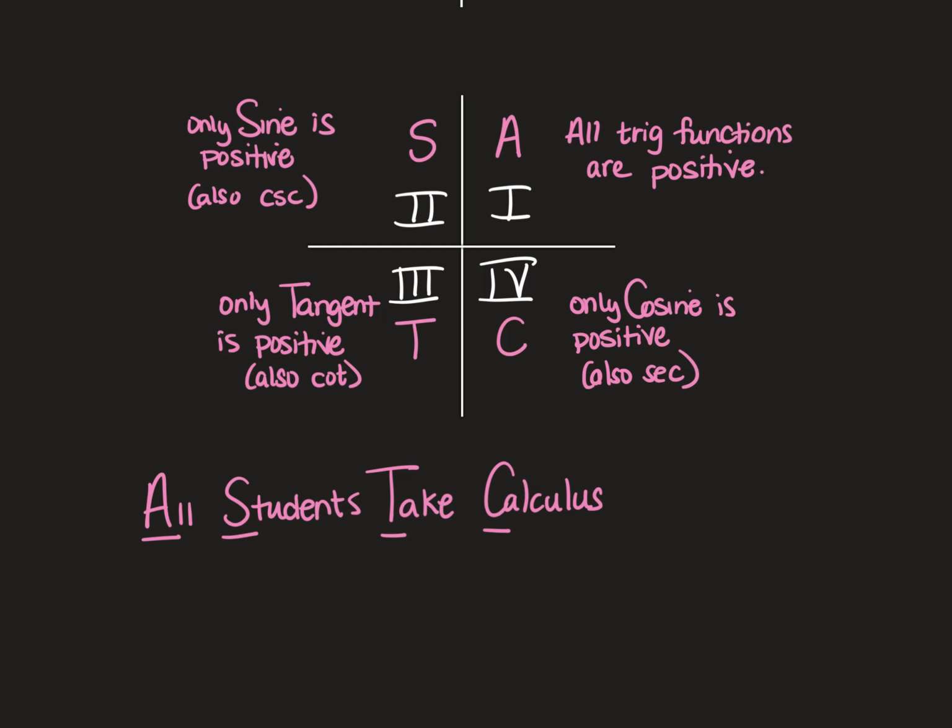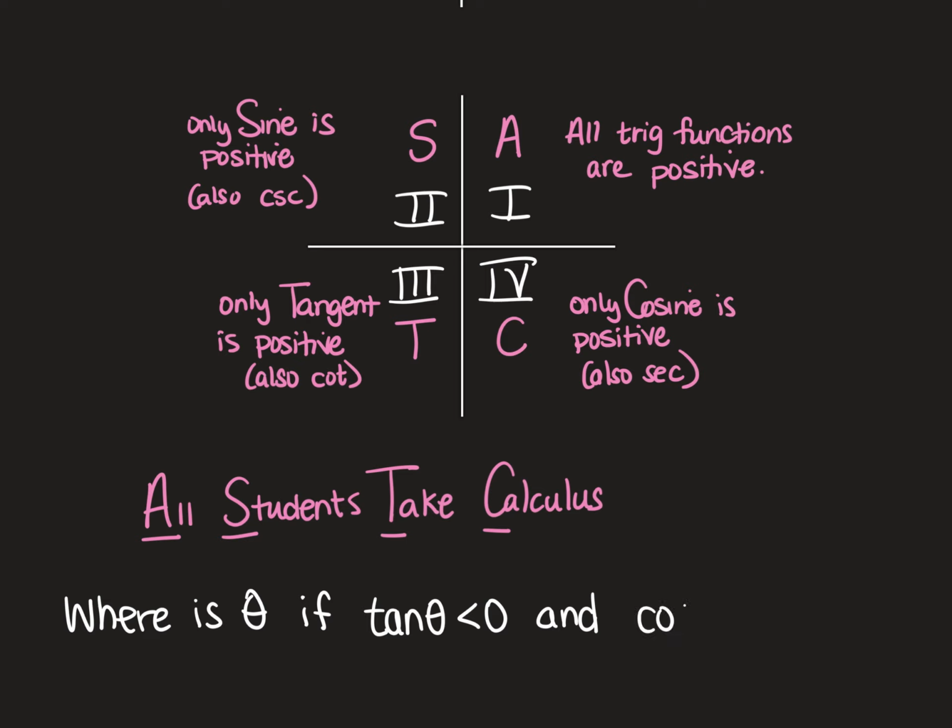All right, so knowing that, we can start to ask ourselves some questions like, what quadrant are we in, or where is theta if the tangent of theta is less than 0 and the cosine of theta is less than 0?